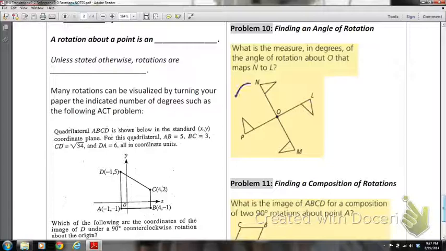They have to go counterclockwise unless it states otherwise. So here we have right angles on each of those intersections. We're going to go 90 degrees, and another 90 degrees before point N gets to point L. So the degree of rotation is going to be 270 degrees.